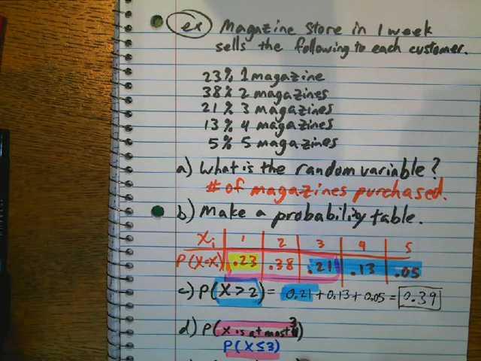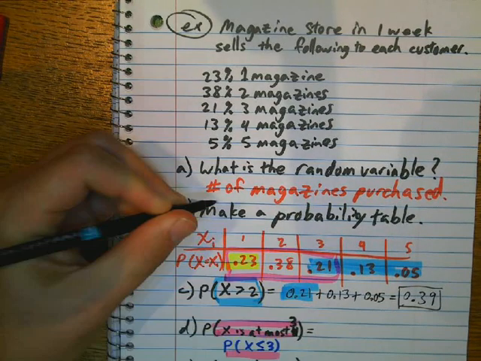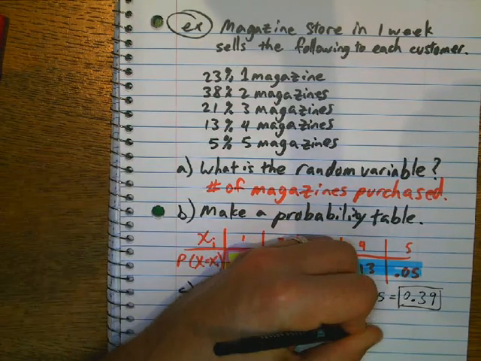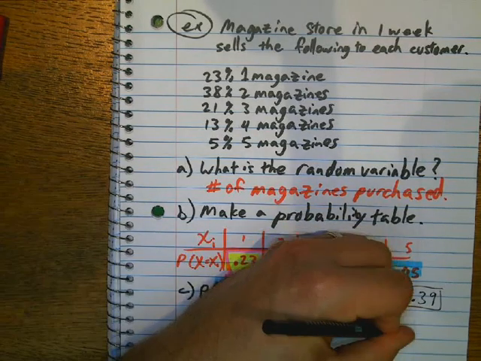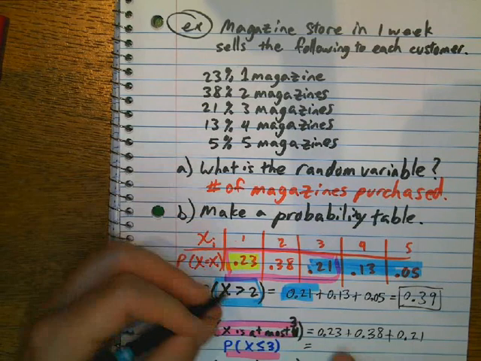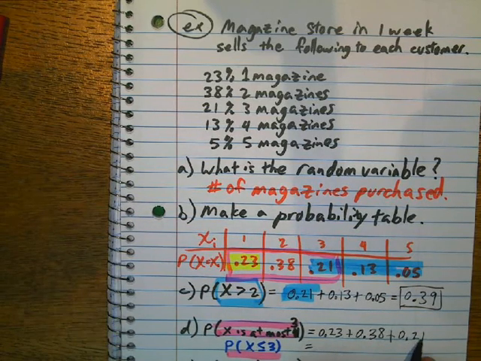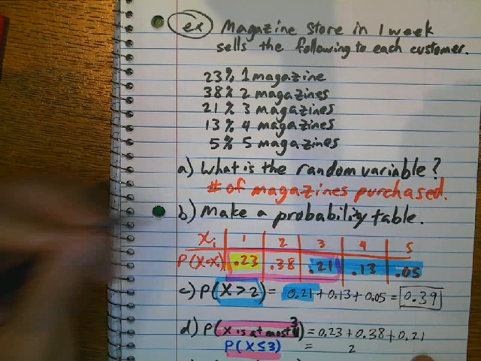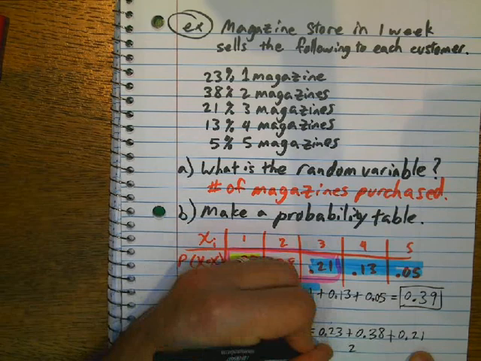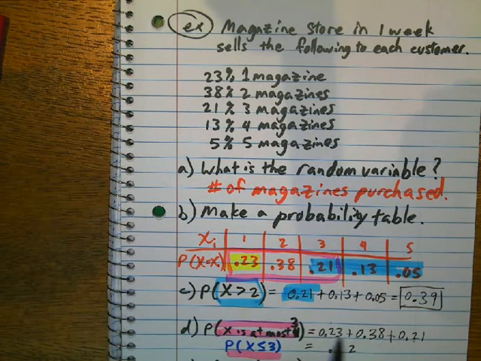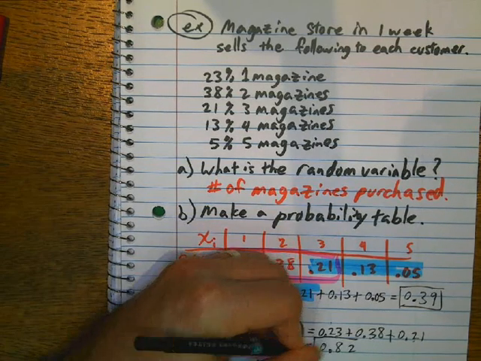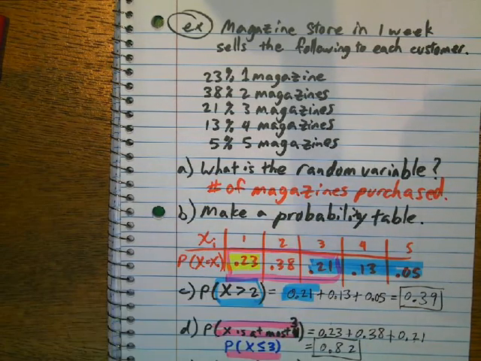That's going to be equal to 0.23 plus 0.38 plus 0.21. Let me see if I added that correctly, and there you go.